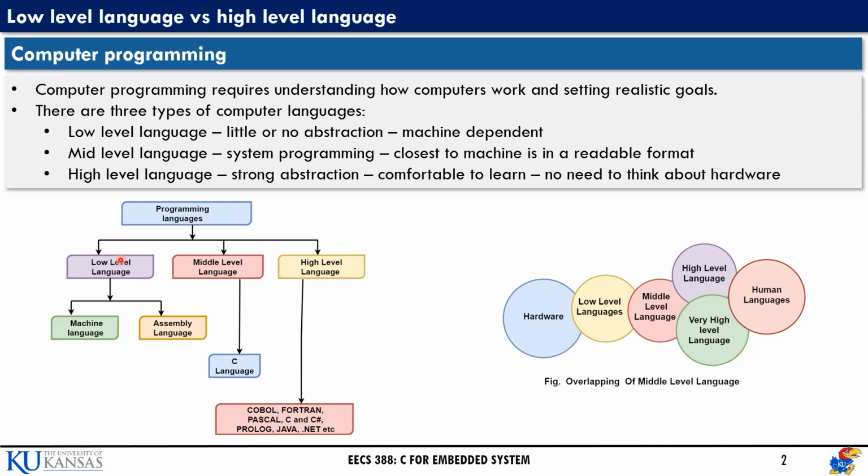But for the lower level languages like machine language or assembly language, it's very hard to read, because without the hardware information, it is very difficult to understand. And high level languages have a very strong abstraction, and it is very comfortable to learn, for example Python, and we don't have to think about the hardware at all.